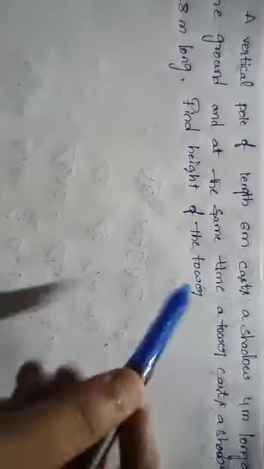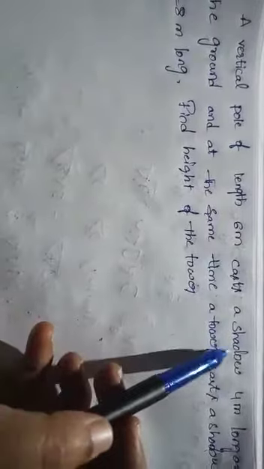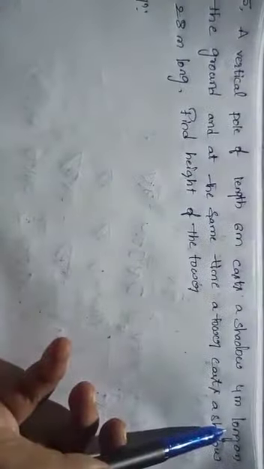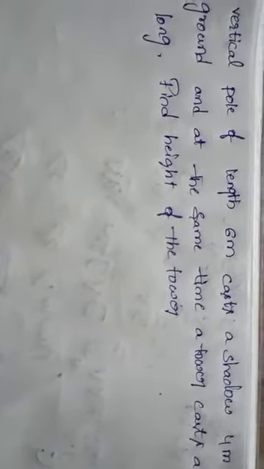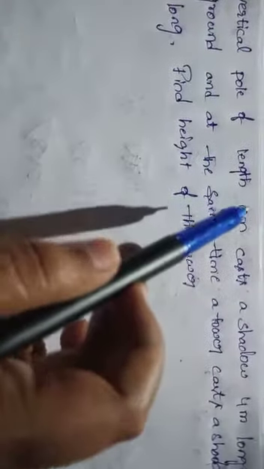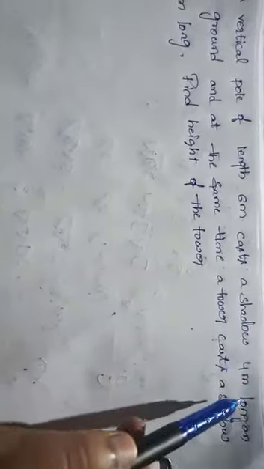Next example. A vertical pole of length 6 meters casts a shadow 4 meters long on the ground. Let's draw the vertical pole.